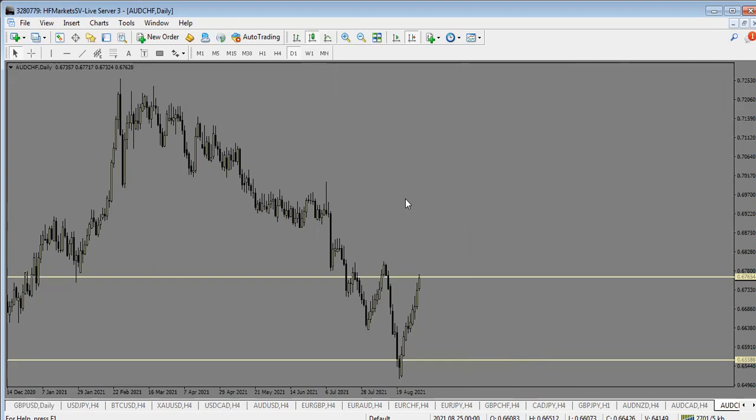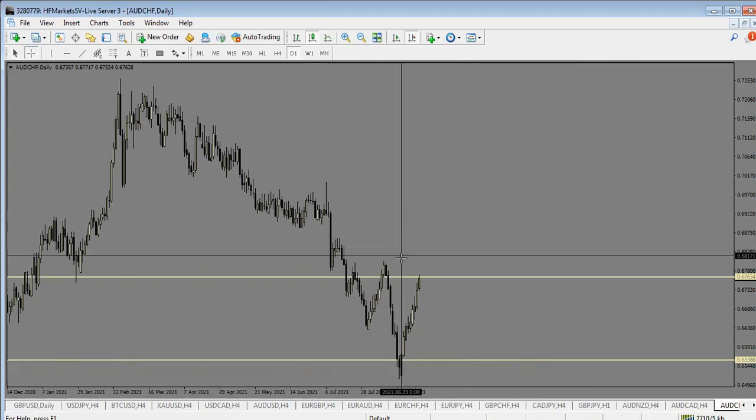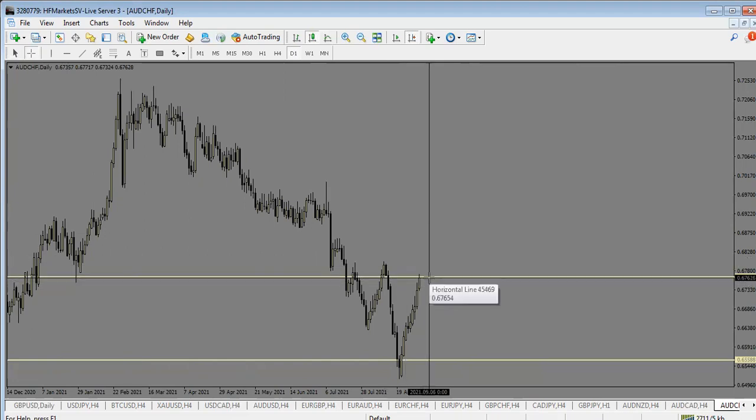From this point up to this point is 200 pips. So if you hold up to this point, then you're very lucky.